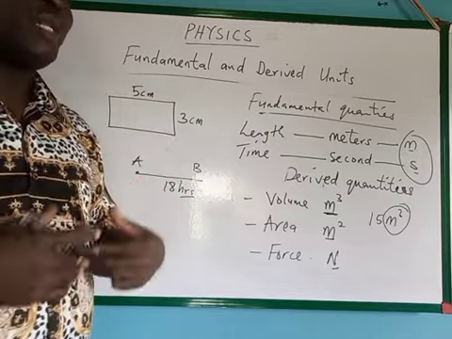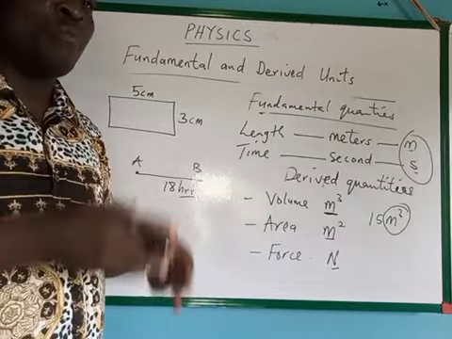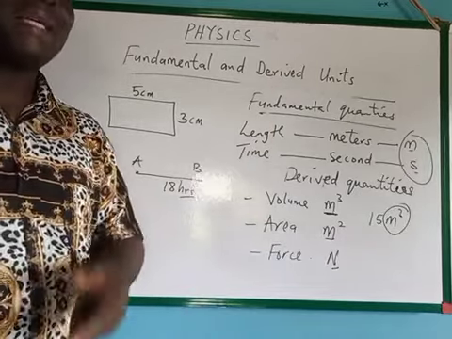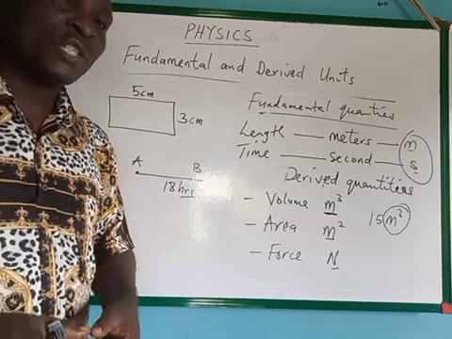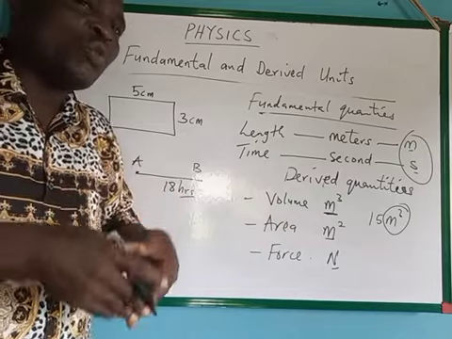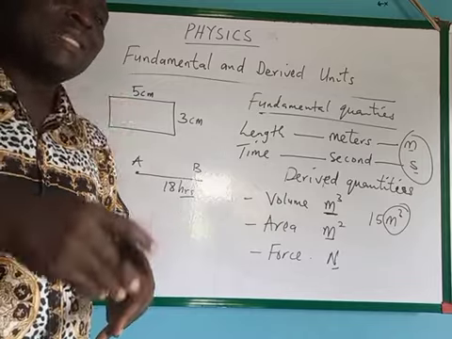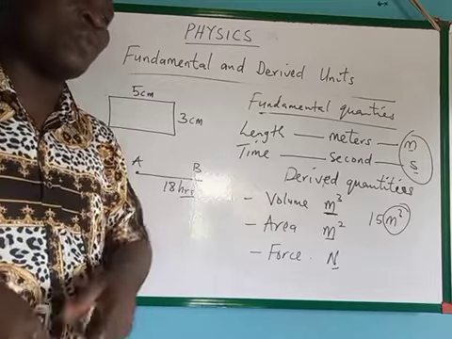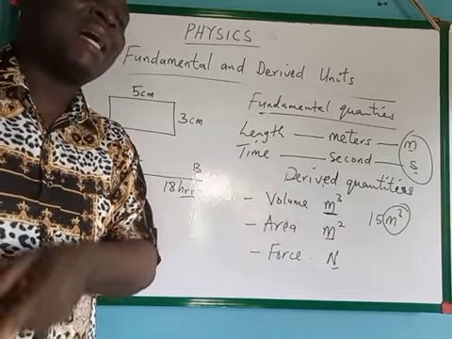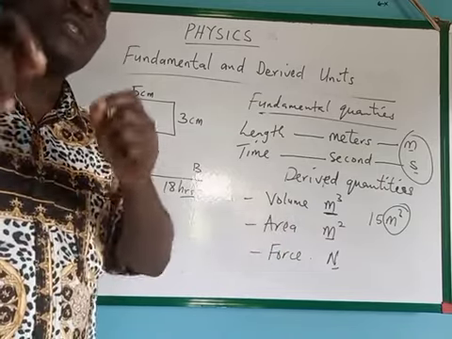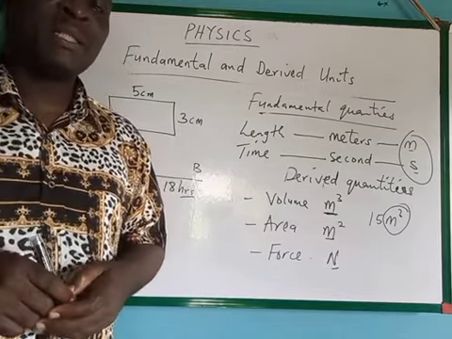Then fundamental units are the units attached to the fundamental quantities that you measured directly, while derived units are the units attached to the answers you got from calculating using fundamental quantities. I hope you understand what we have just explained.